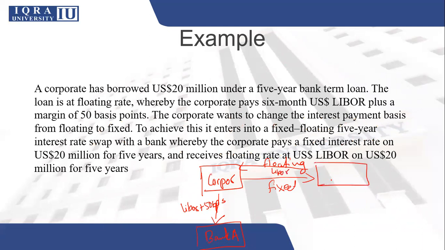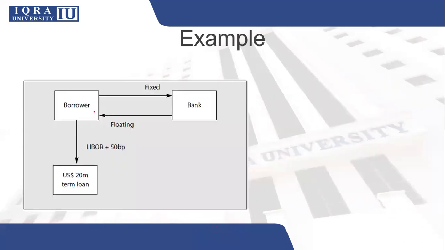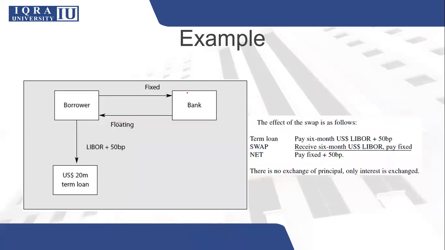And over here, let's say we have some bank B from which you have agreed the swap. So let's look if we made the diagram correct or not. Yes, we made the diagram correctly. So there he is going to receive floating and pay fixed. And if we calculate the net position, then it is coming pay fixed plus 50 bips.